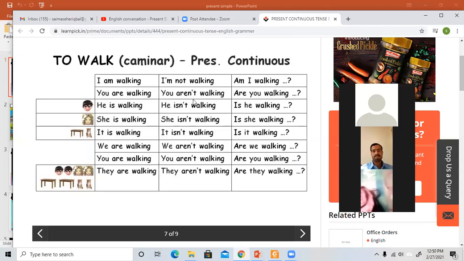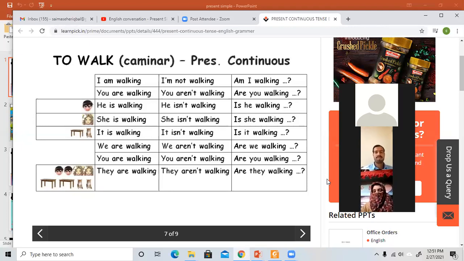With you, we use are. You are walking. You aren't walking. You will see that the helping verbs here are written with contractions. And the question will be, are you walking? He is walking. With he, we use is.